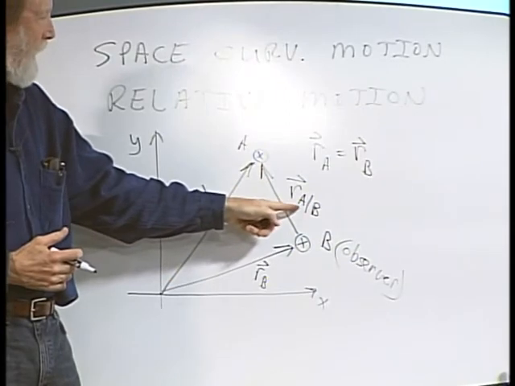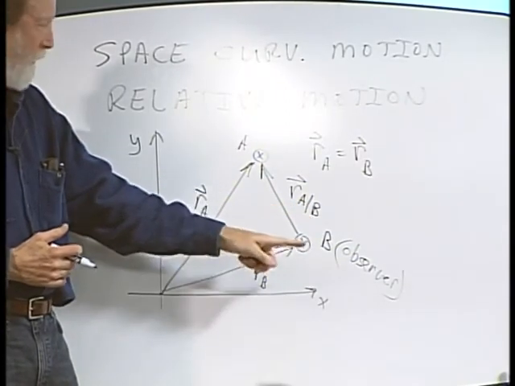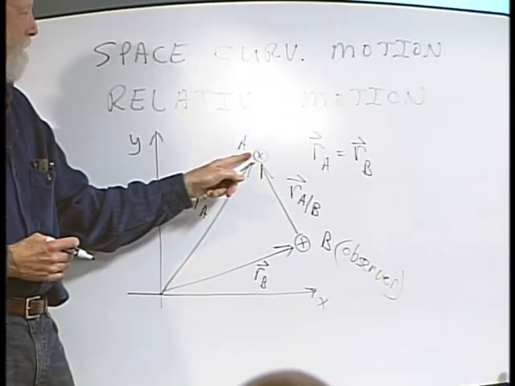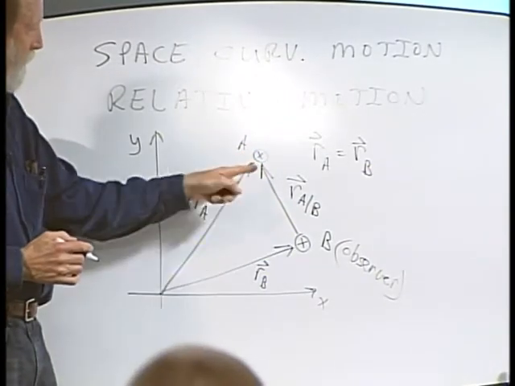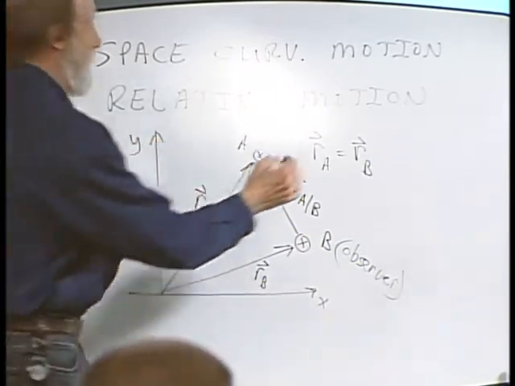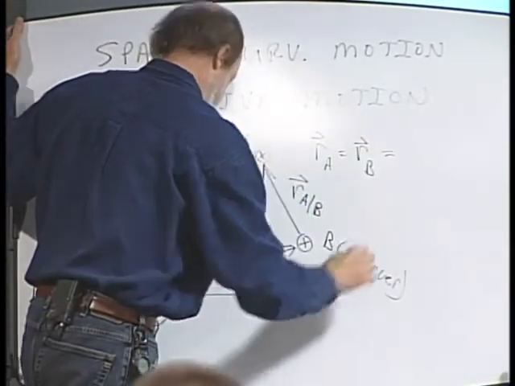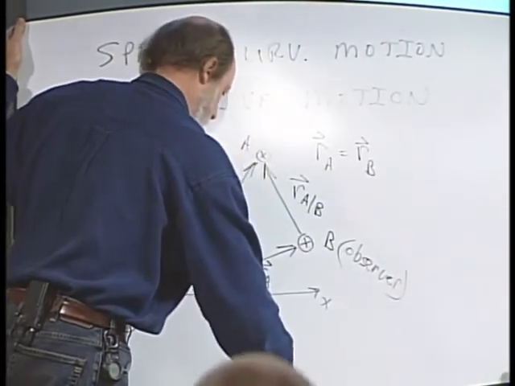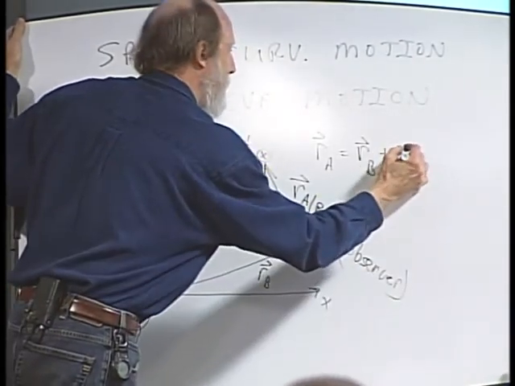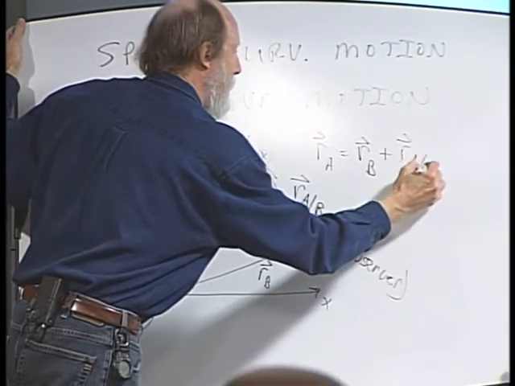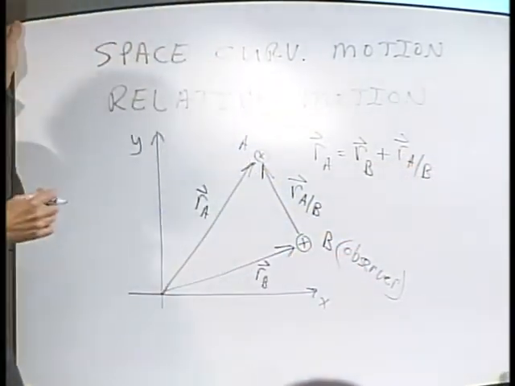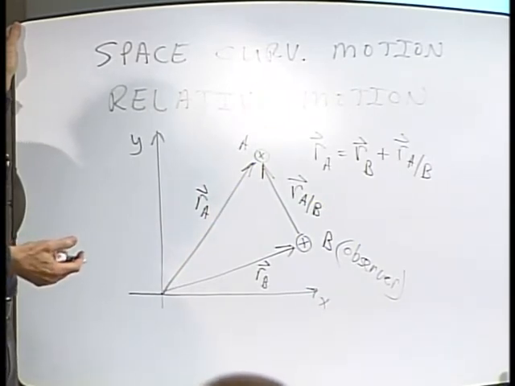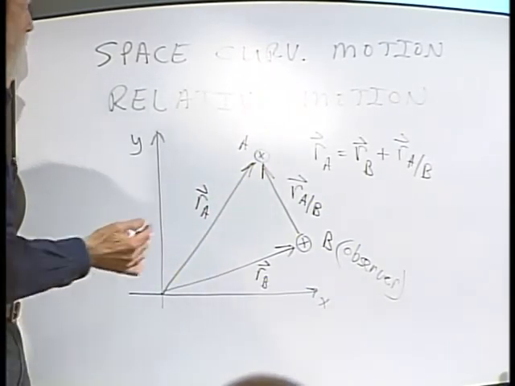So you're the observer here, and you're looking over here. So the addition of these 2 vectors is equal to the position of A. Okay? Mathematics, pretty straightforward. Very simple so far.